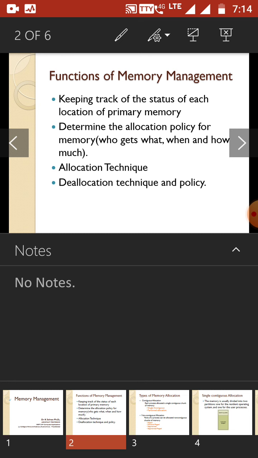A location of primary memory is a byte. Each byte has its own address, and the address is a numerical value. For your understanding, in C language, int x = 5 is a compile time variable. At the time of compilation, the compiler allocates the memory.